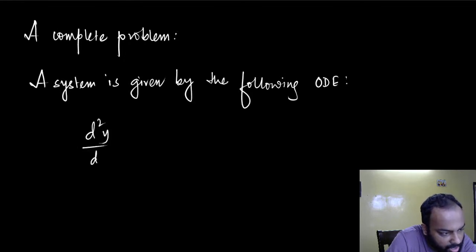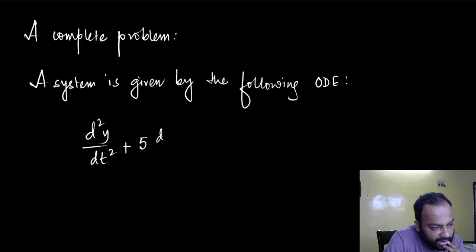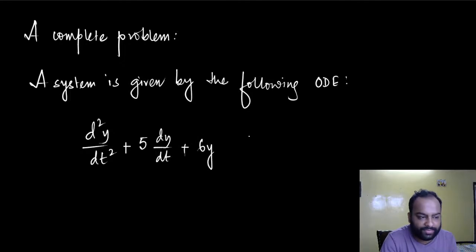d2y/dt2 plus 5 dy/dt plus 6y equals x(t). Of course, y is the output of the system. You people know that already.